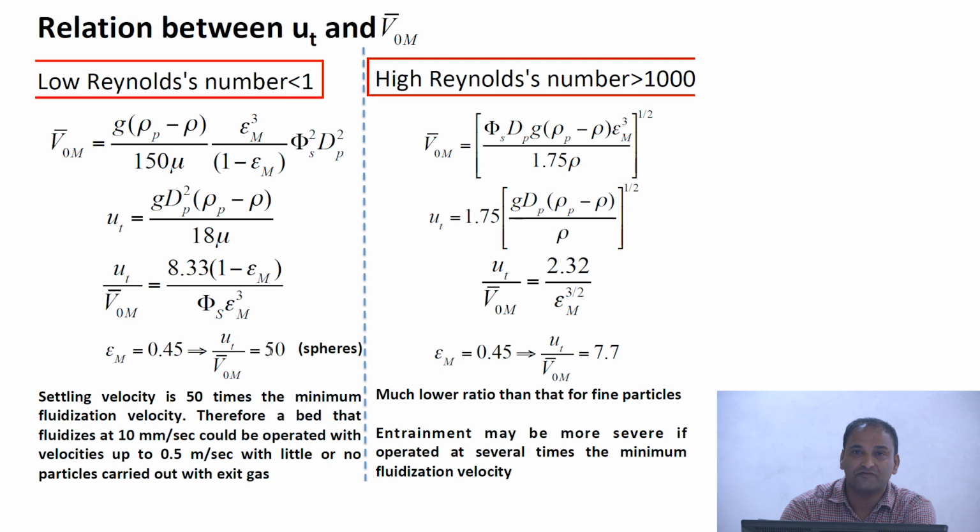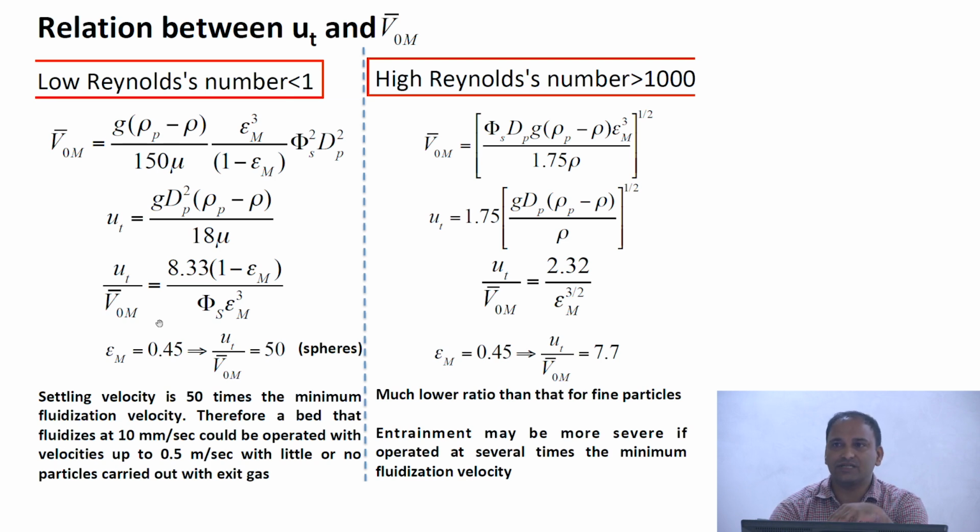It turns out that's of the order of 50 for a spherical particle under laminar flow conditions. However, for the higher Reynolds number case, that is the turbulent flow conditions, this number gives rise to 7.7. These are typical values obtained by assuming a particular value of epsilon m, that is the porosity at minimum fluidization.